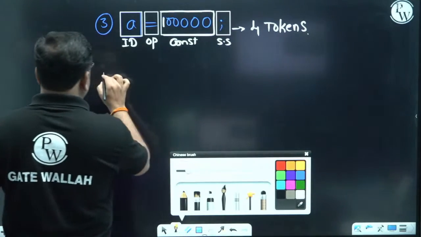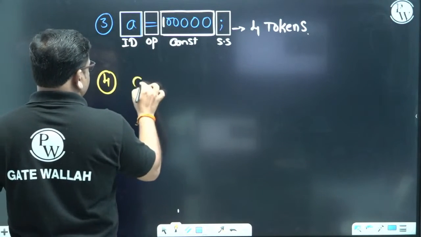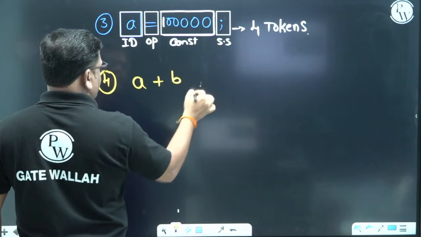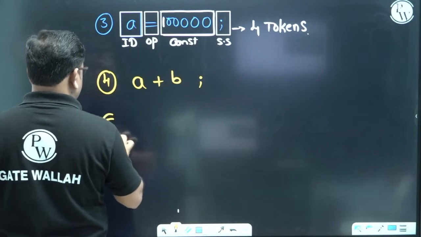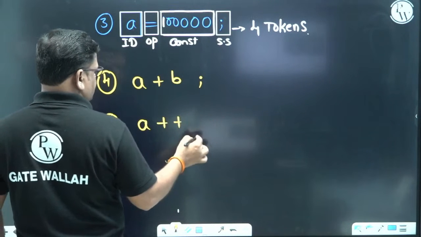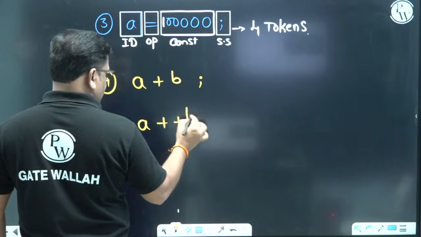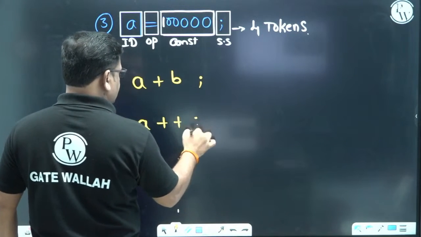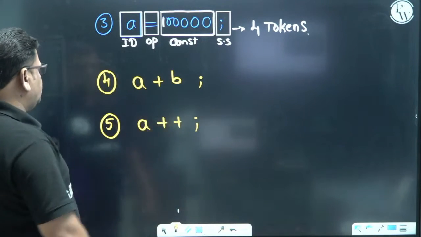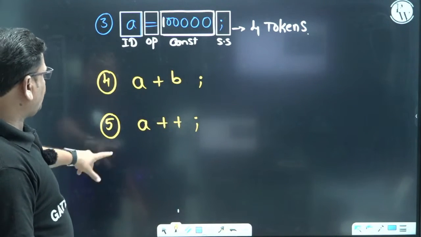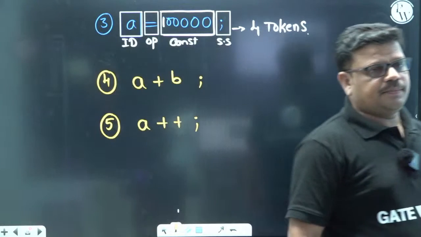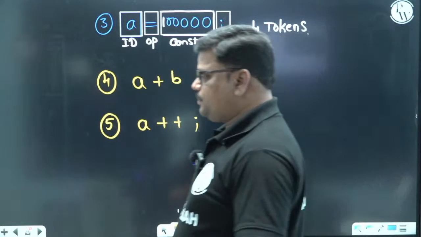Assume our statement is this. These are the 4th and 5th statements. Can you find out how many tokens are in the 4th statement and how many tokens are in the 5th statement?